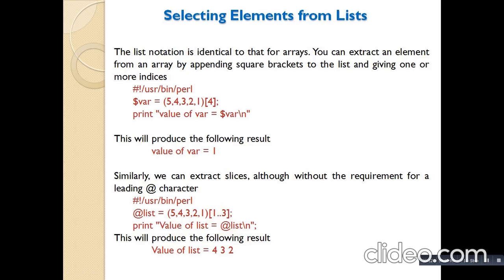It starts at index value 1, which has 4. Range operator means starting and ending. In between there is index 2, which contains 3, so it is going to display 3. And the third index contains the value 2, and that 2 is going to display.